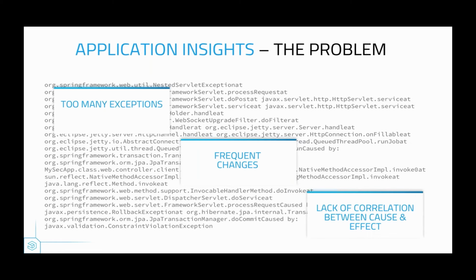So we all know that if something breaks suddenly in production, the first question that's asked internally is, who did what? Who touched something? And with all of this operational noise created by these errors and exceptions, it becomes very, very difficult to actually find a correlation between the cause and effect.